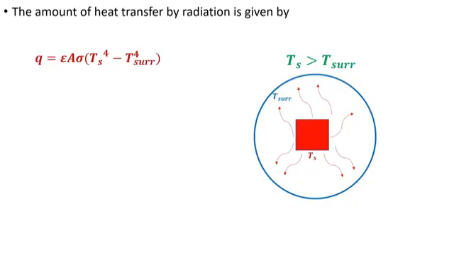Remember one thing, that this temperature is absolute temperature. It means that when we are going to solve a radiative heat transfer question, we should put the value of temperature in Kelvin scale. For conduction and convection, it's our choice whether we put the value in degree centigrade or in Kelvin, but for radiation we have to put the value of temperature in Kelvin scale.